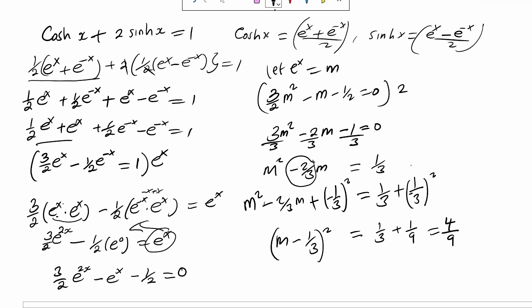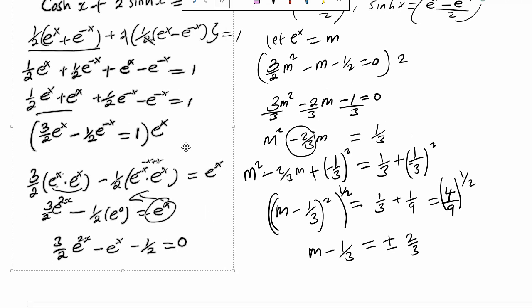And if we square root both sides of the equal by raising to power half, then it means m subtract 1/3 equals to plus or minus, because you are getting the square root, 2/3. Now if I may just try to get some space on this other side and try to finish up.